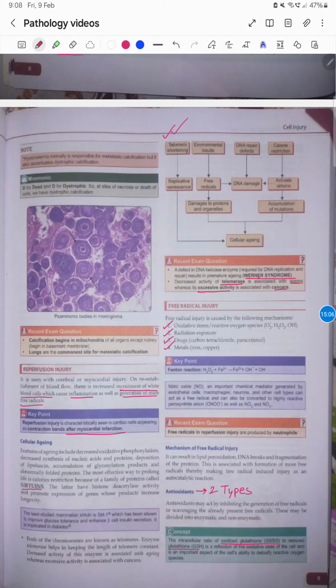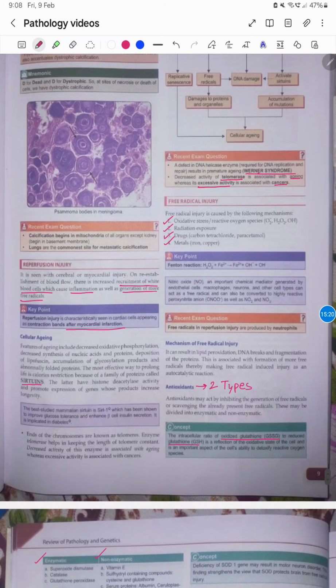Again, free radicals can also lead to DNA damage, or calorie restriction leads to activation of sirtuin. Ultimately, accumulation of mutants leads to cellular aging. Cellular aging will cause Werner's syndrome, that is premature aging. Telomerase activity decreases with aging and increases in cancer.